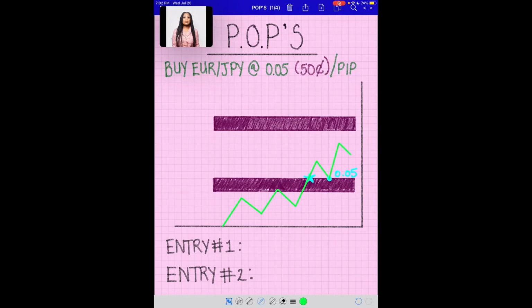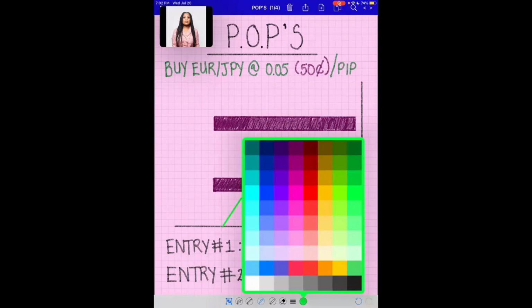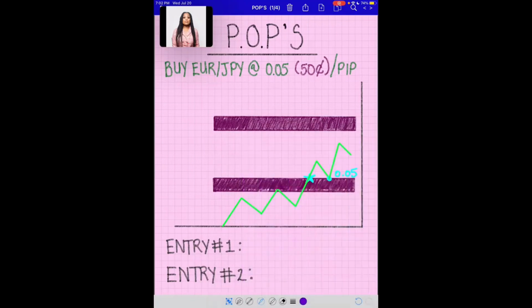All right, so let's say the market decides to pull back about halfway through this zone. Let me go ahead and mark up the halfway zone. I'll do that in purple. So this is about halfway through the zone. Now, at this point of pullback in the market, you guys, this is where we can actually get into the trade again.